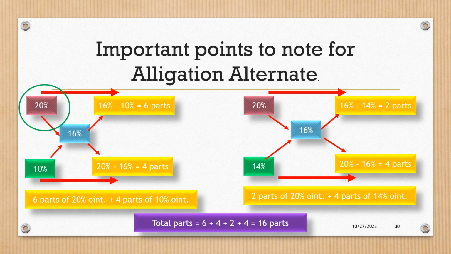Now, once you exceed 2 in terms of the number of stocks that you are mixing with alligation alternate, you will realize that the total number of parts equals the concentration of the product that you want to make up. So if you get a number of parts that is less than the final concentration that you want, then something is awry. You need to double check your computations.